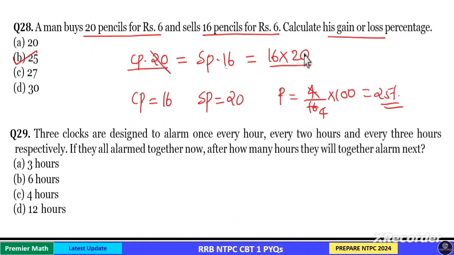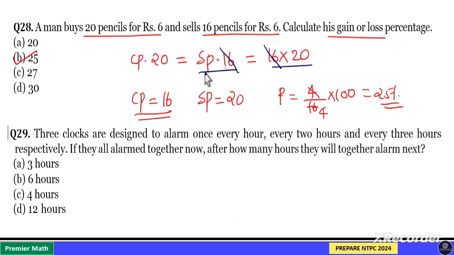Now you can see 20 and 20 cancel. CP is equal to 16, which we write here. Same way, if you equate SP of 16 with 16 into 20, 16 and 16 cancel. SP is equal to 20, which we write here. So in this way you can calculate. Even if you calculate in the normal method, you will get the same answer.